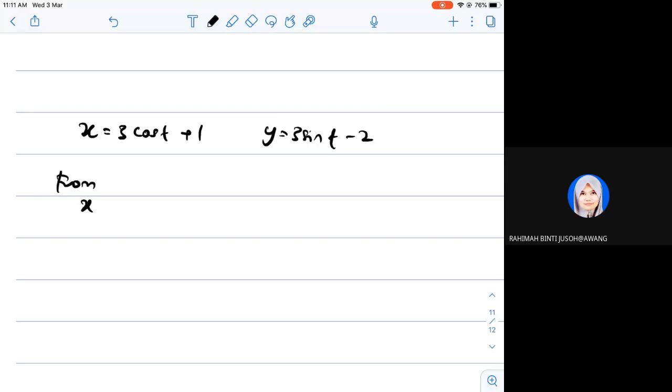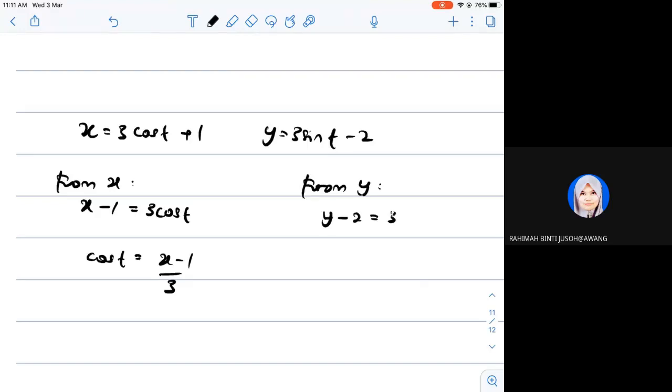Kalau you nak eliminate t tu, from x minus 1 equals 3 cos t. So you all akan ada cos t equals (x minus 1) over 3 kan macam ni. Okay, and then from y, kita akan ada y minus 2 equals 3 sin t, and then sin t equals (y minus 2) over 3.